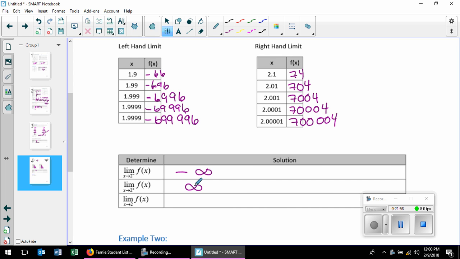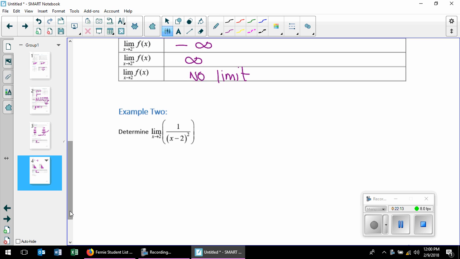Positive infinity. So what's my limit of the function? Not hard. Left-hand, right-hand limits are not hard. Okay. So if I substituted in a 2 here, this would result in 1 over 0.